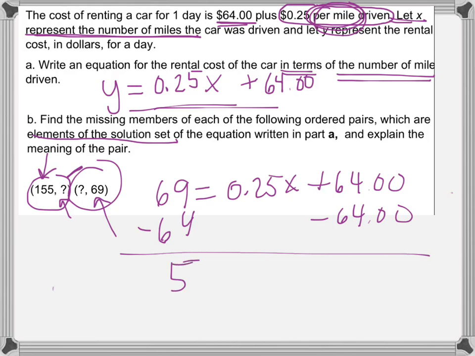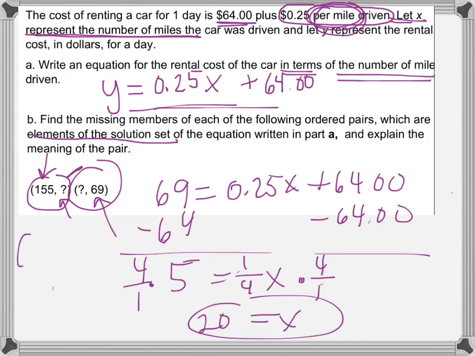So $5 is spent on the per mileage fee. Now let's divide each side by 0.25. It might actually be easier to represent that as a fraction. 0.25 is 1/4 X. So to get rid of that as a coefficient, we multiply by 4 over 1. So X would be equal to 20. So they drove 20 miles. At 20 miles driven, the cost per day is $69.